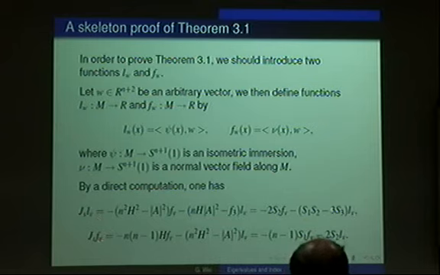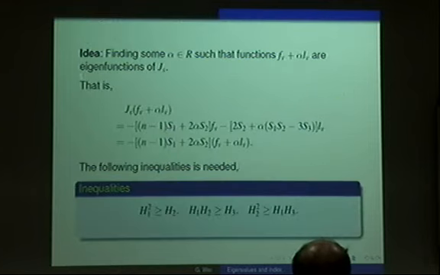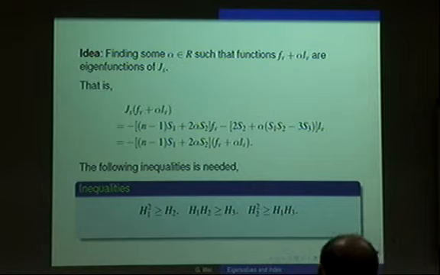Here S1 and S2 are defined by M's mean curvature. Now I talk about the idea of this theorem. We try to find some real number alpha such that the functions FV plus alpha RV are eigenfunctions of the Jacobi operator JS.